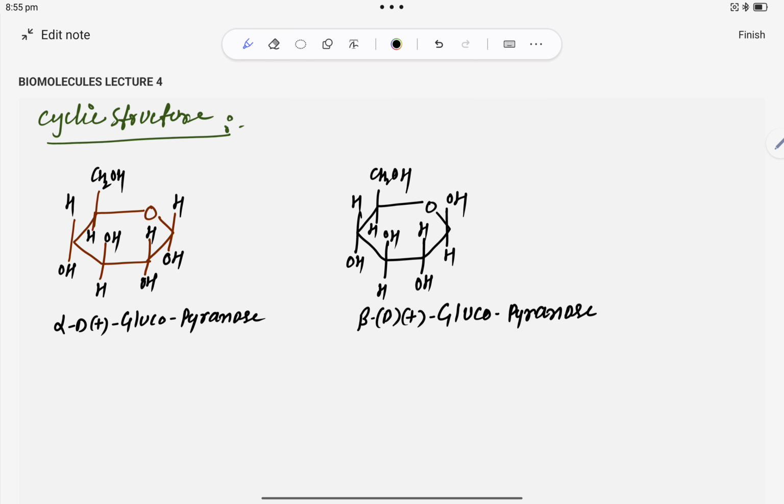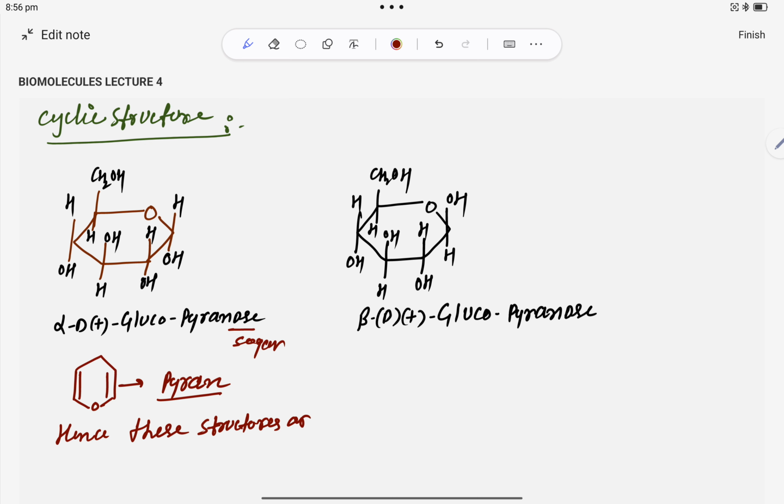Okay, why are we using pyranose every time? So see, this kind of species in organic chemistry is called pyran, and ose means sugar, hence these structures are called pyranose.